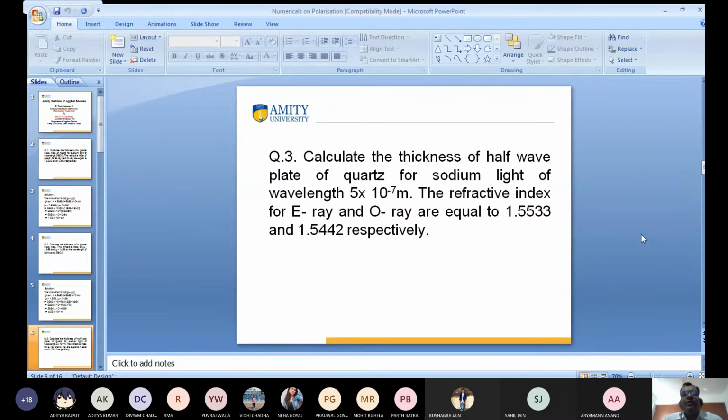What is the next question? Calculate the thickness of a half wave plate of quartz for sodium light. The wavelength is given as 5 into 10 to the power minus 7 meter.